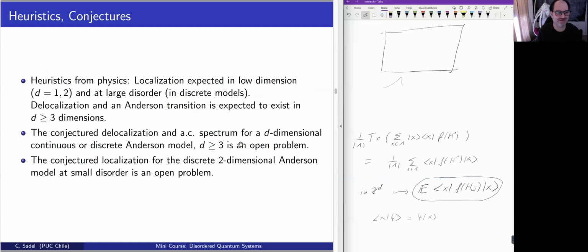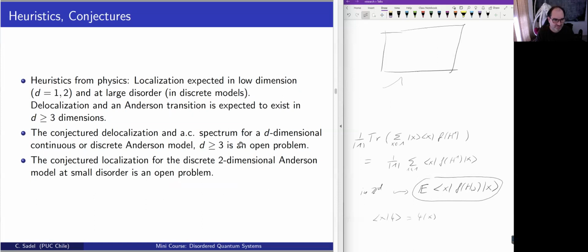Well, so these are the heuristics. And the heuristics from physics is that localization is expected in low dimension and at large disorder, for the discrete models especially, and delocalization and Anderson transitions are expected to exist from some dimension on. Anderson transition means that you have metallic and non-metallic phases, and depending on parameters, energy, and the disorder, you have some transition.